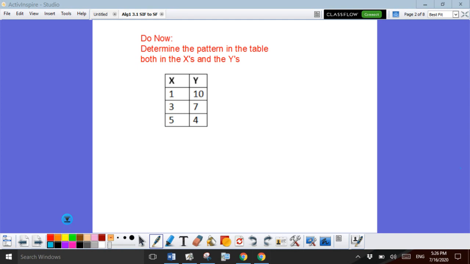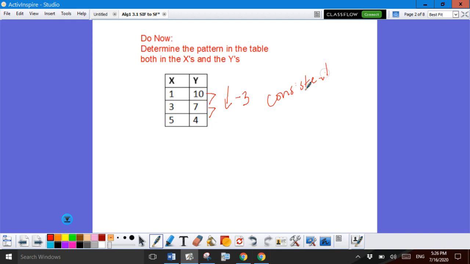All right, let's see what you came up with. So the pattern of the y's, if I notice, this is going down. So since it's decreasing, I know that that is negative. So from 10 to 7, 7 to 4, that is all negative 3. And this is consistent. Okay, if it's a consistent pattern, I know that I'm looking at probably a linear, at least on that side.